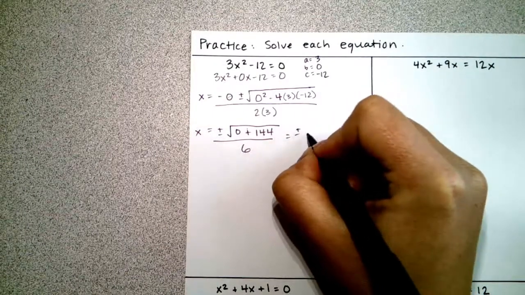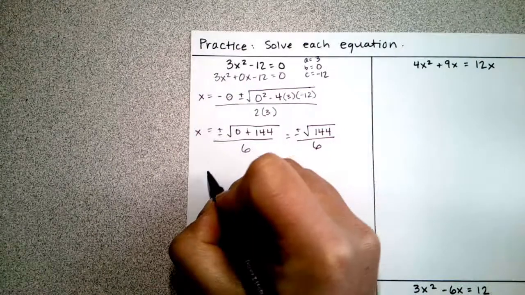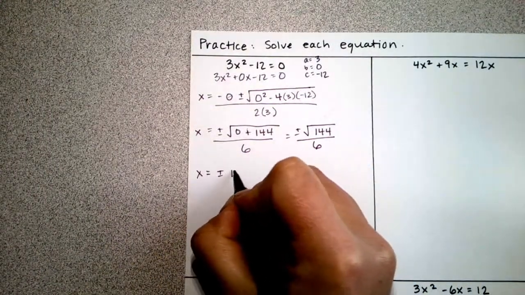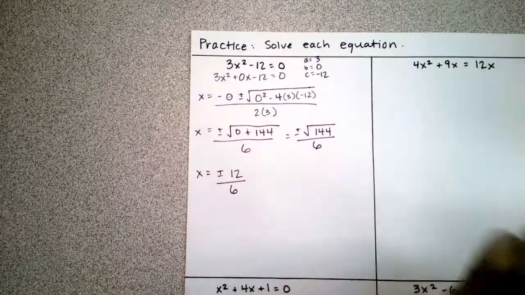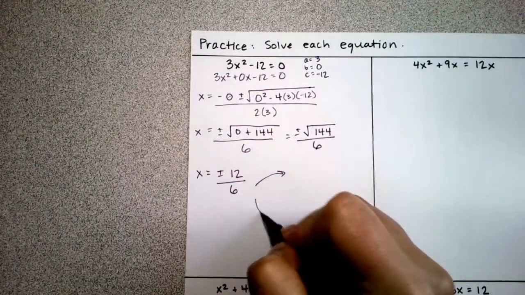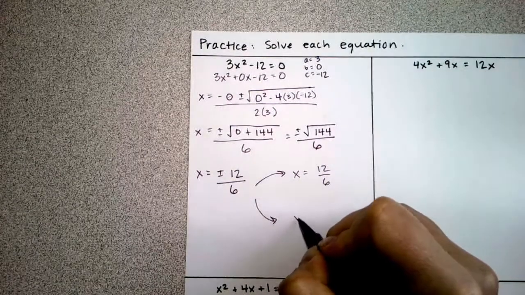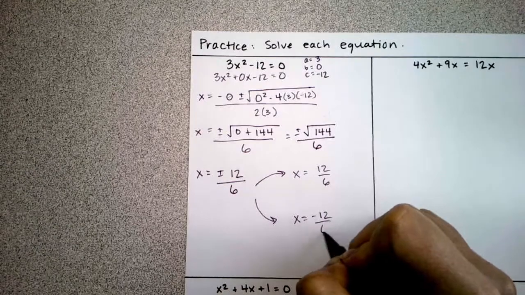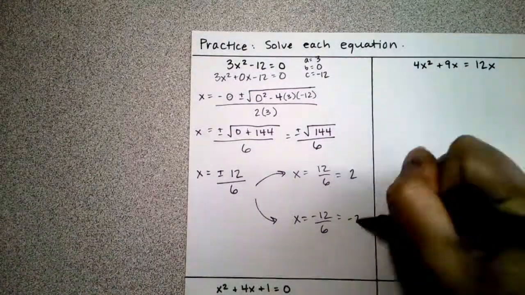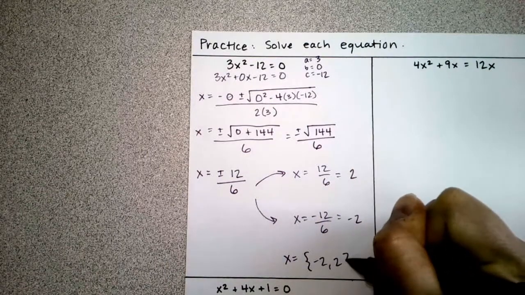So this is the positive or negative square root of 144 over 6. The square root of 144 is 12, so we have positive or -12 over 6. Then if you split into two equations, we have x equals positive 12 over 6 and x equals -12 over 6. So that is positive 2 and -2 for our final answers.